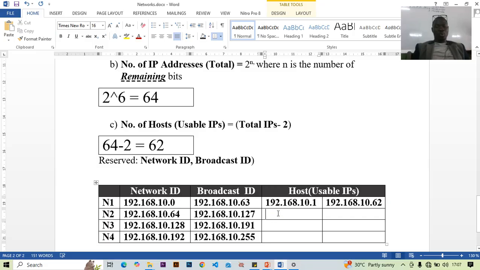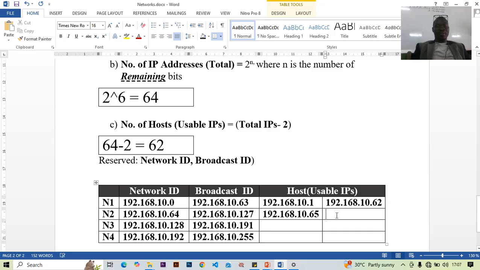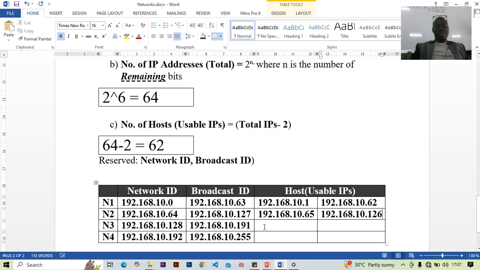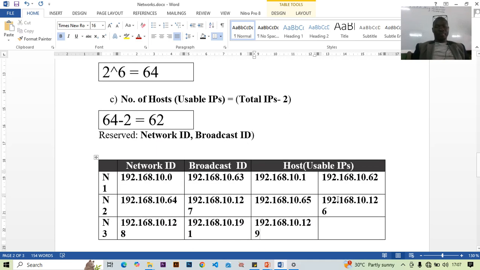In network 2, we're going to have that, and since 64 is the network ID, the first usable IP address will be 65, and the last usable IP address will be 126. Then for network 3, we copy that, and since the network ID is 128, the first usable IP address in network 3 will be 129.